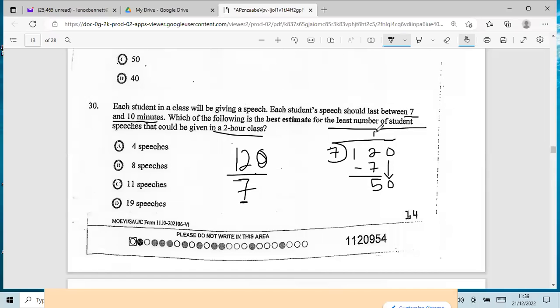All right. So that goes 7 times, right? And then 7 times 7, that'll be 49. And 1. So I will go with 11.